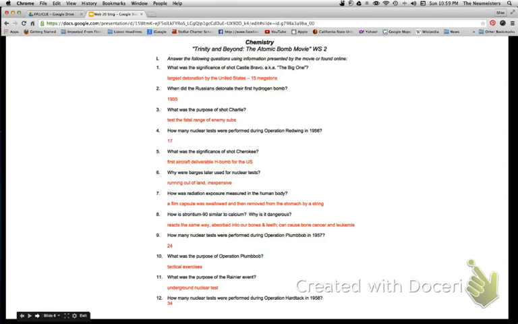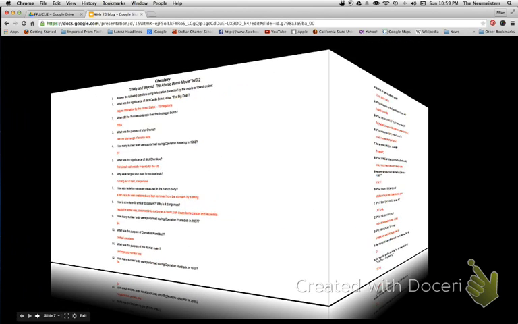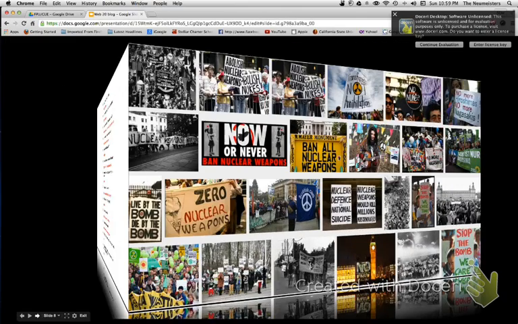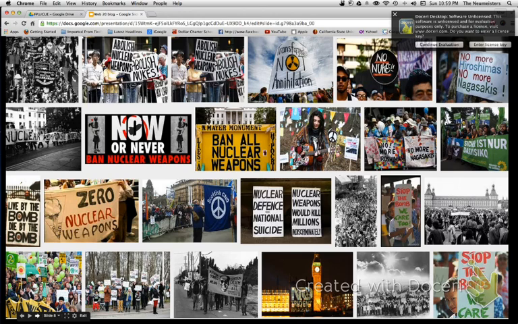Very simple lesson, no interaction. And this is the final slide of the overhead projector. Now as we get into the debate of atomic warfare and nuclear weapons, we see the protests on these pictures.